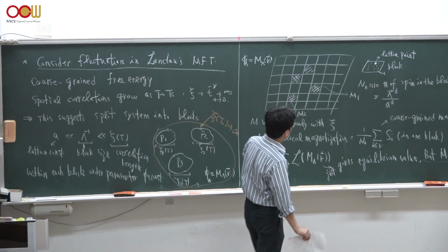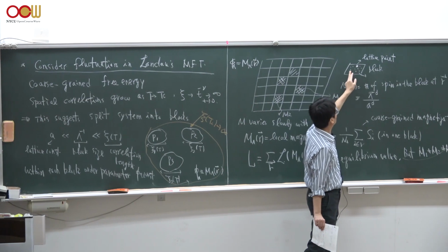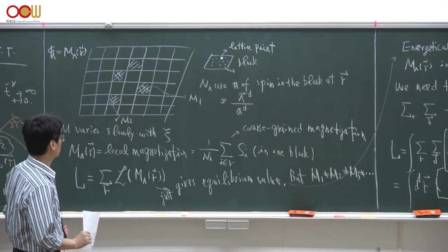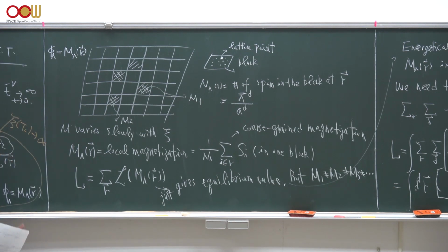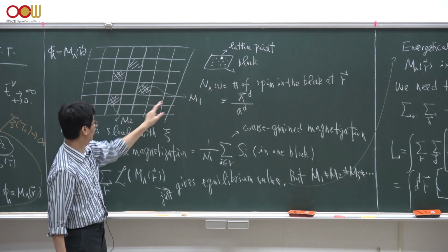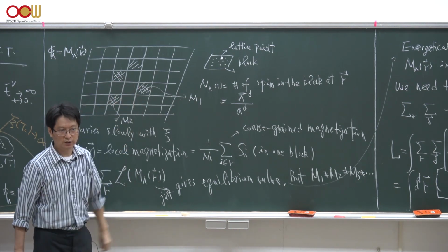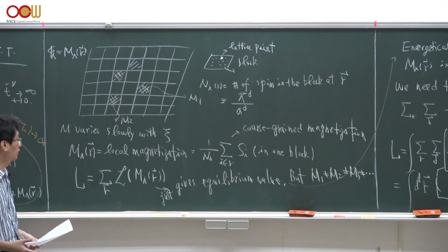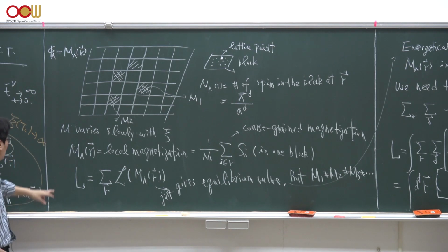So within each block, you can consider a bunch of lattice points where the order parameter is a constant. But there are many, many blocks, right? So there's M1, M2, and M3, and so on. All these different blocks may have different values of the order parameters.